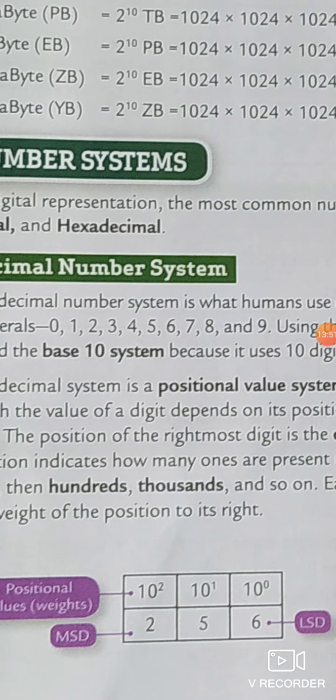In this number system the ones position contains the digit 6, the tens position contains the digit 5, and the hundreds position contains the digit 2.